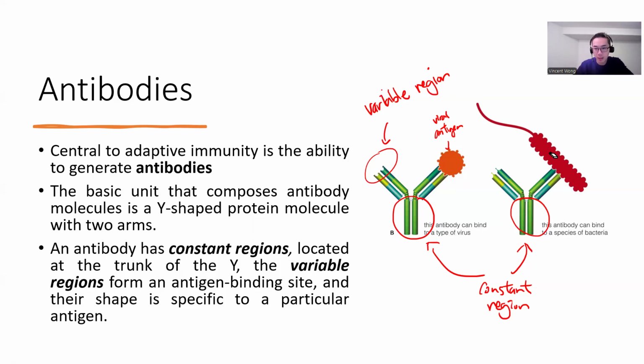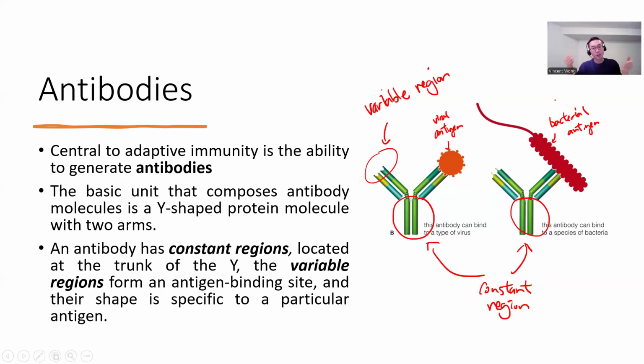If there is a bacterium with these semicircle antigens, those are bacterial antigens, then you would need an antibody with semicircle grooves at the end. So this antibody on the right is only good for the bacteria. It will do nothing for the virus because the groove won't fit. Similarly, this one will only be effective against the virus. It will do nothing for the bacteria.